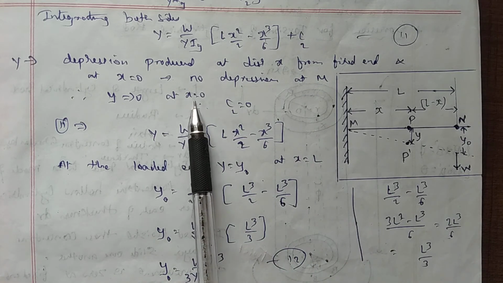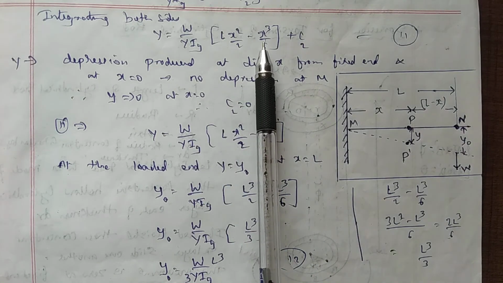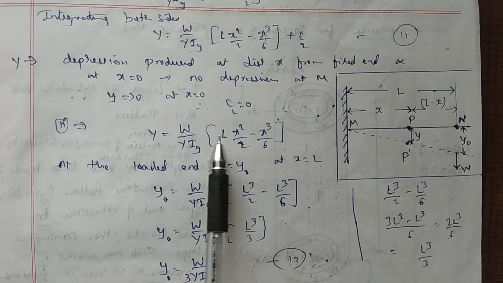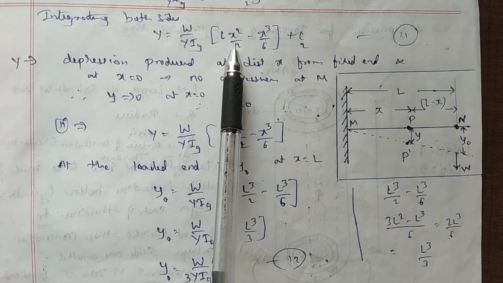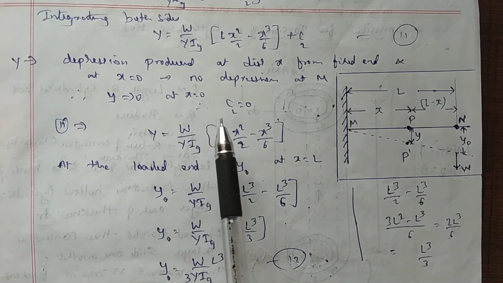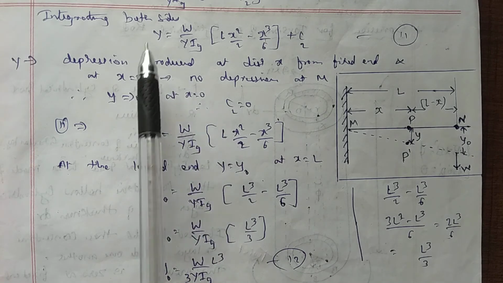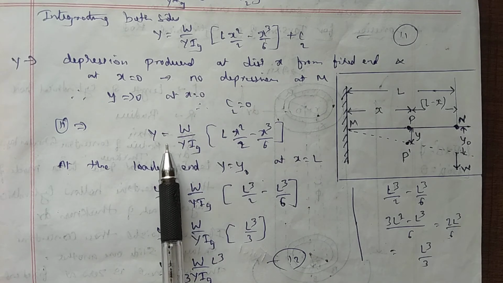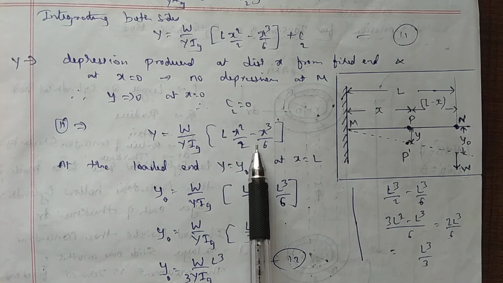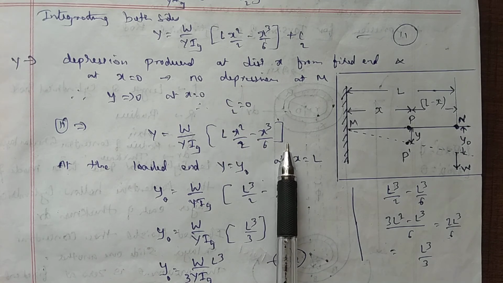Substituting this value in the above equation, we get c2 is equal to 0. Now the above equation may be further written as y is equal to W by Y into Ig into Lx square by 2 minus x cube by 6.